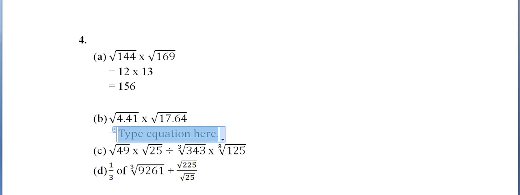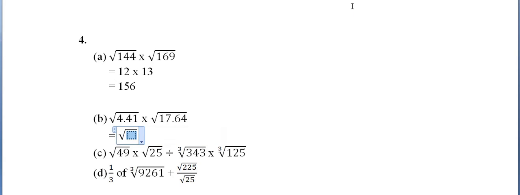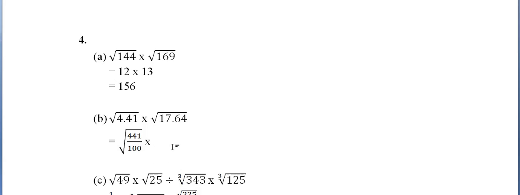Okay, this is the square root for both the numbers. Okay, 441, and this is your 100. Okay, and the same thing out here. I mean, you will do the same thing.